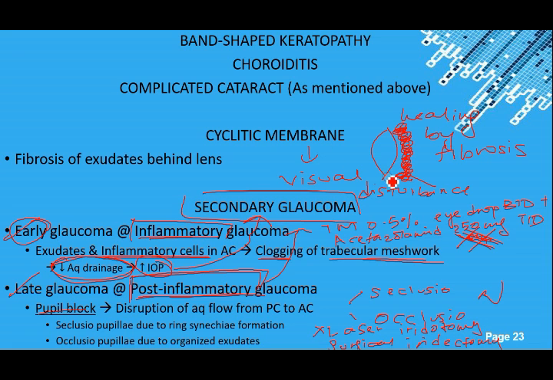So this would treat seclusio and occlusio pupillae. That's the idea. That is for secondary glaucoma treatment. Another one, as I told you, that we like to discuss is complicated cataract. In this case, obviously, what? Lens extraction. That's it.